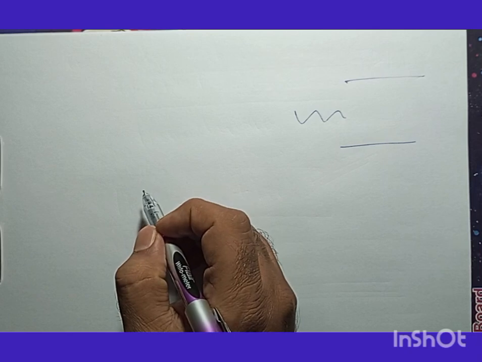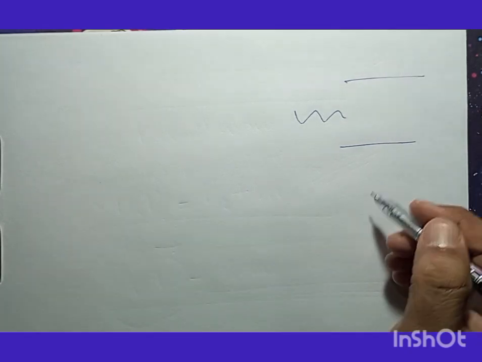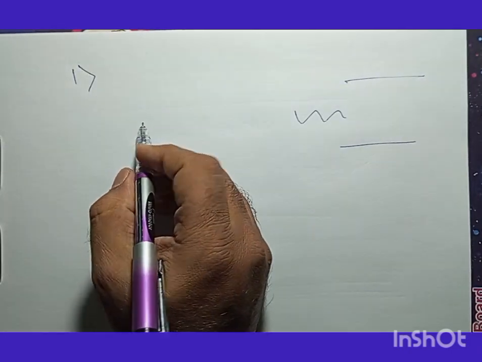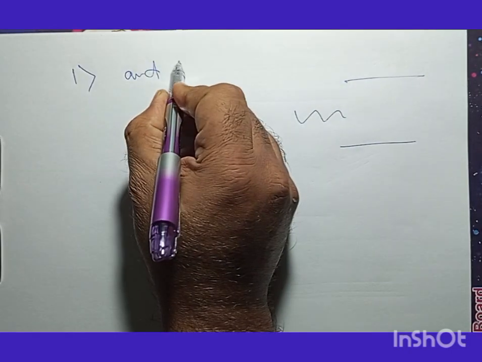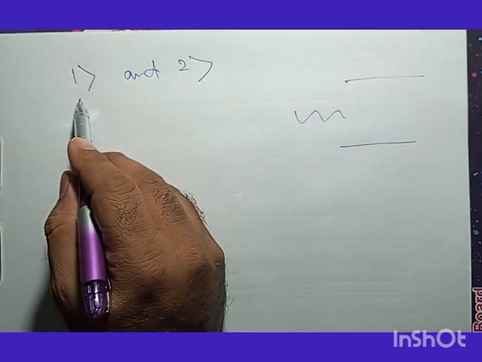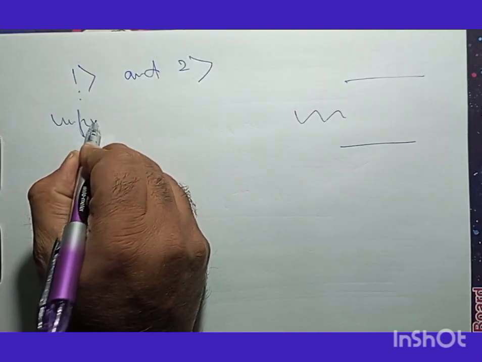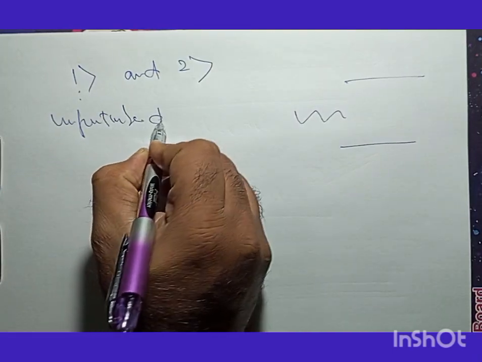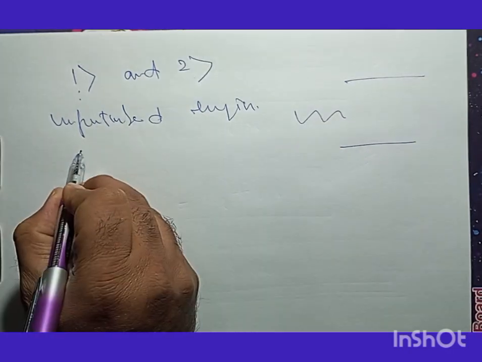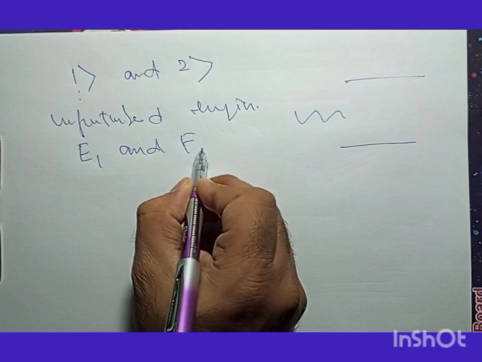So I consider this two-level quantum system with states ket 1 and ket 2, with unperturbed energies, and let's assume these energies are E1 and E2.